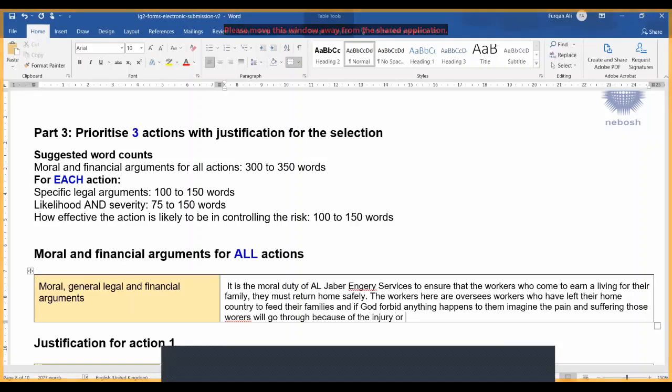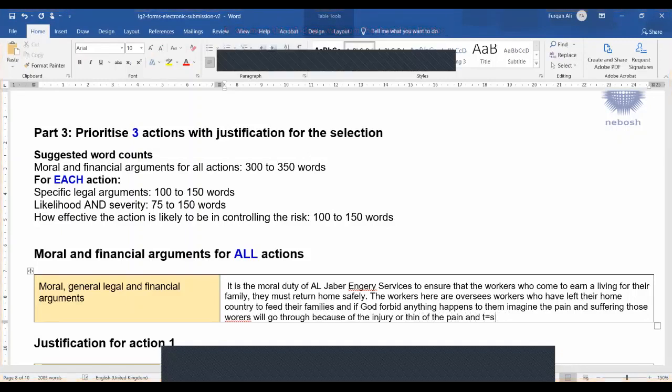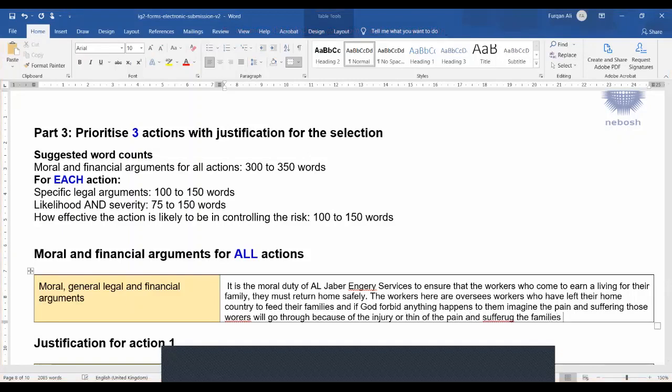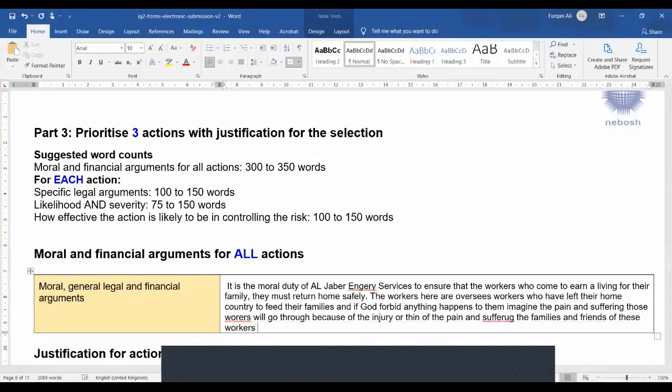Or think of the pain and suffering the families and friends of these workers will go through if they die in a work-related accident.